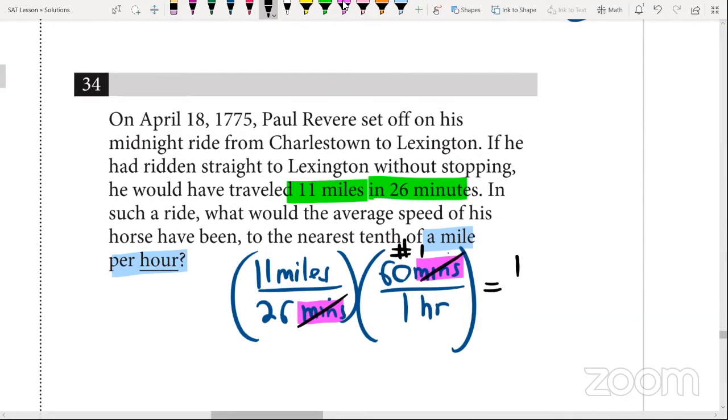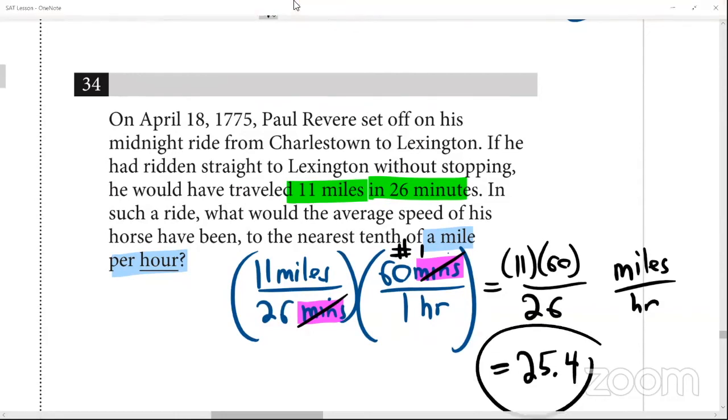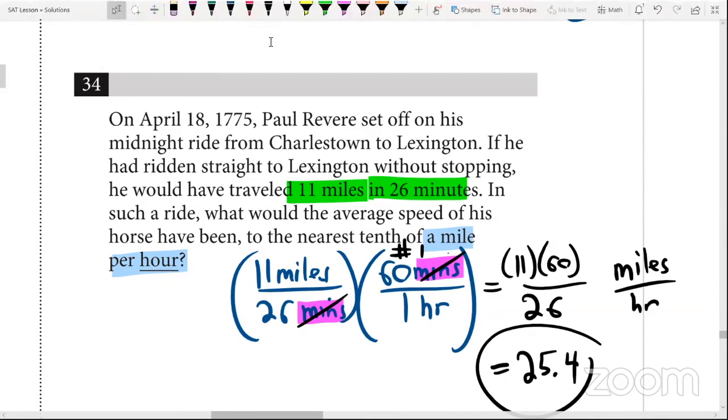And you get 11 times 60 divided by 26, and the units remaining are miles per hour. So what's 11 times 60 divided by 26? 25.38. But they're asking to the nearest tenth, so we'll say 25.4. And that's the answer for number 34, 25.4.